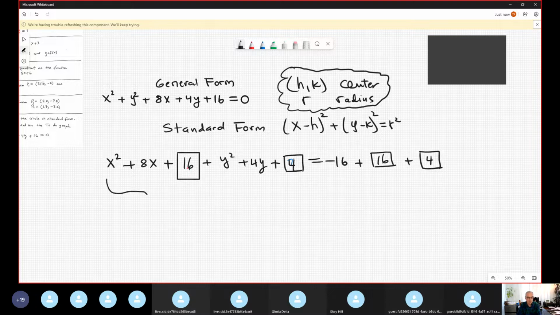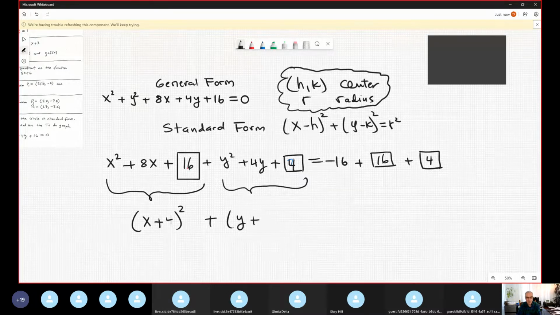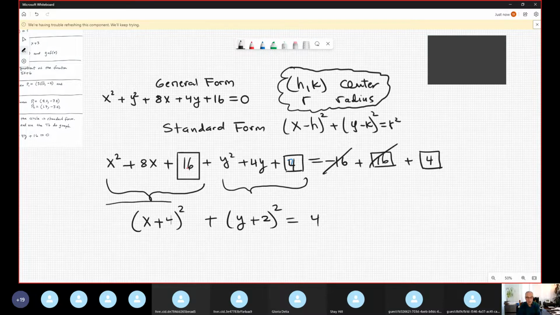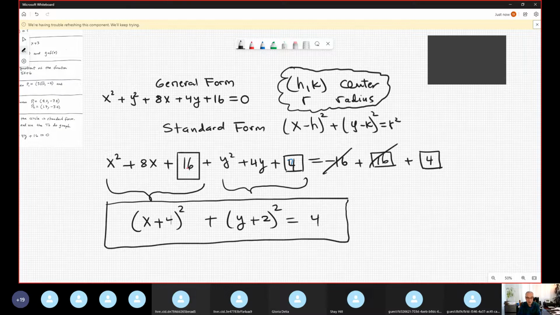Now the factorization of this perfect square trinomial is x plus 4. Do you understand this factorization? And the other factorization is y plus 2. On the right hand side, 16 is cancelled and it stays 4. Wow, amazing. And this is my new equation, 100% equivalent to the original ugly one that nobody understands, but now it's clear, at least for me.